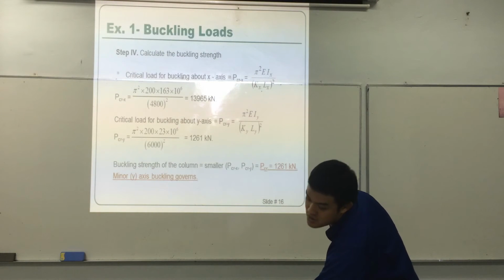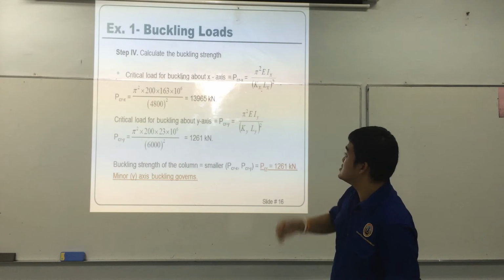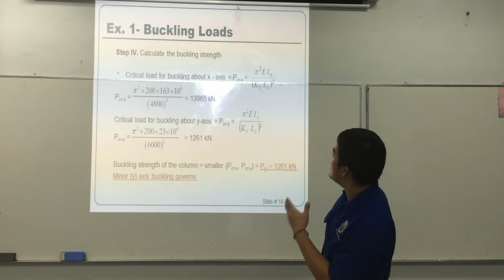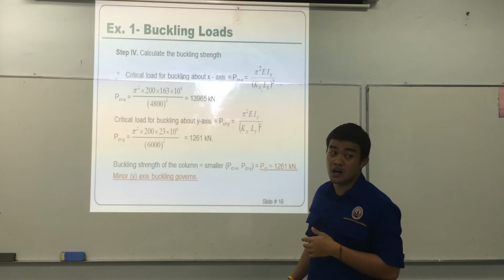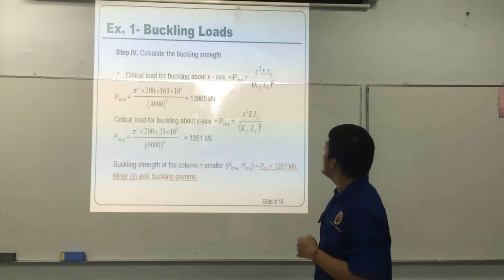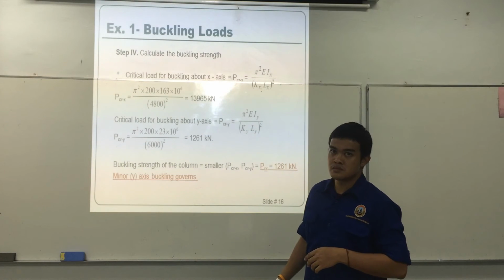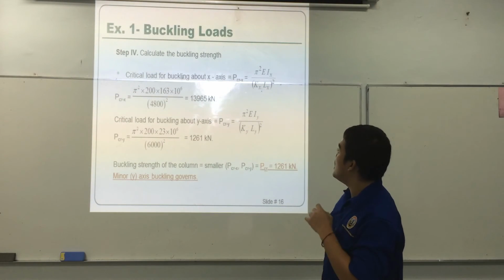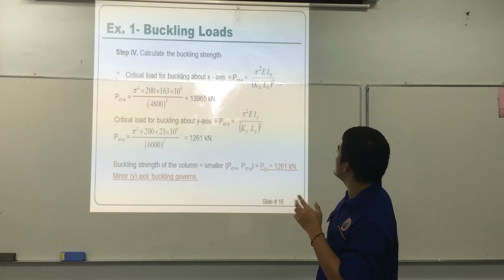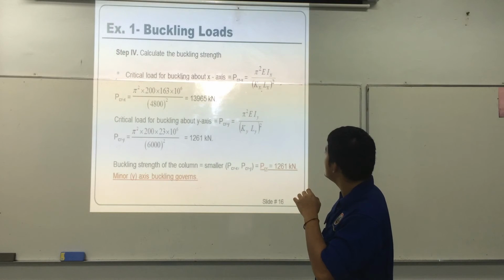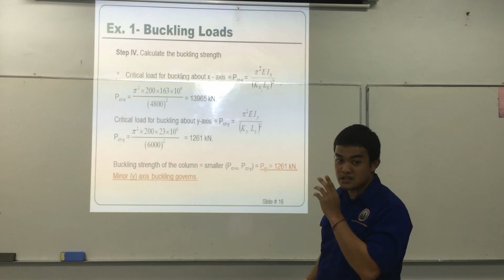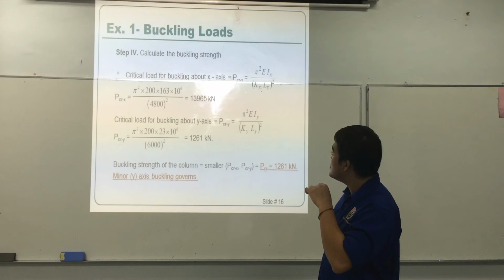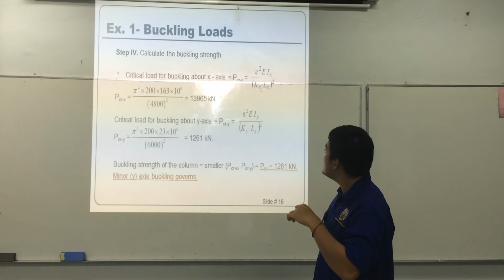Step 4 is now the calculation of the buckling strength. Now we define the critical load, Pcr, in the x-axis. We use the formula I told you before: Pcr in the x-axis is equal to π² E Ix over (Kx Lx)².